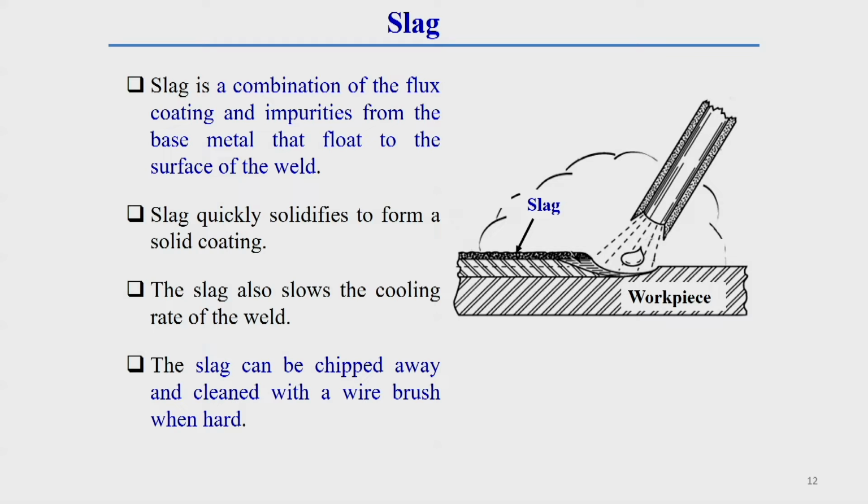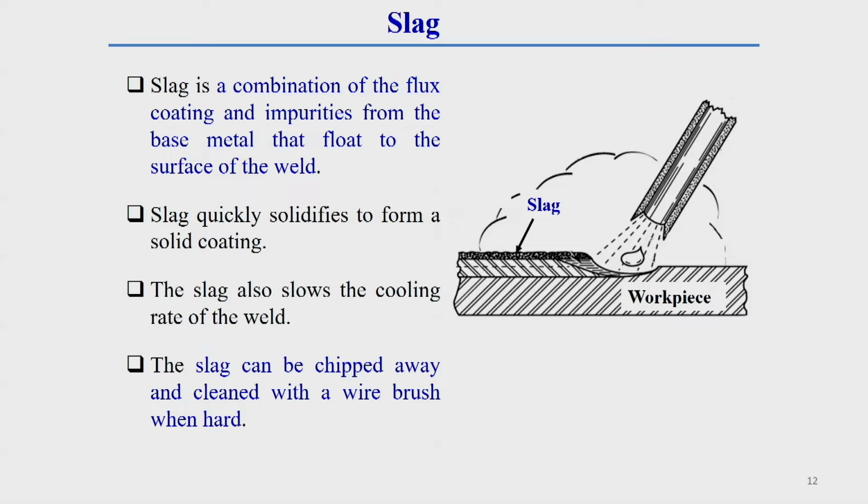It also solidifies much faster than the molten material. So it provides a solid cover over the surface of the molten pool. Due to this solid cover, as I have already told you, the cooling rate is reduced. So slow cooling occurs, and due to this slow cooling, the weld metal ductility also increases.